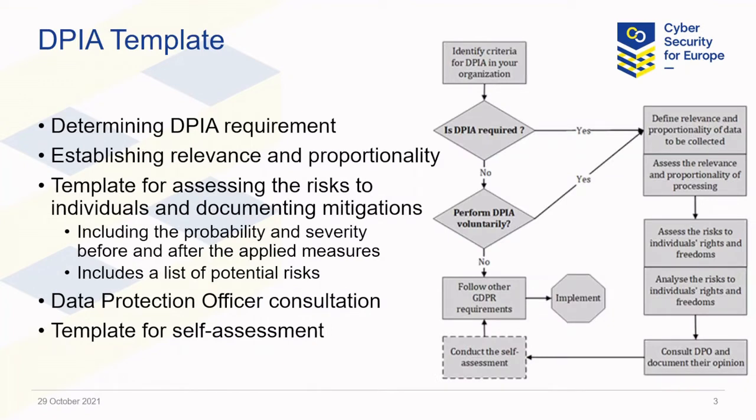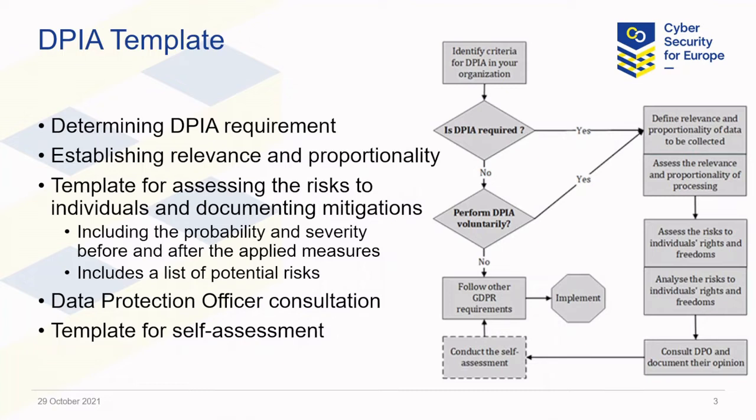The Data Protection Impact Assessment template includes helping guides to determine the need for a DPIA in a given situation. It helps with establishing relevance and proportionality of the collected personal data and helps with assessing the risks to individuals' rights and freedoms.